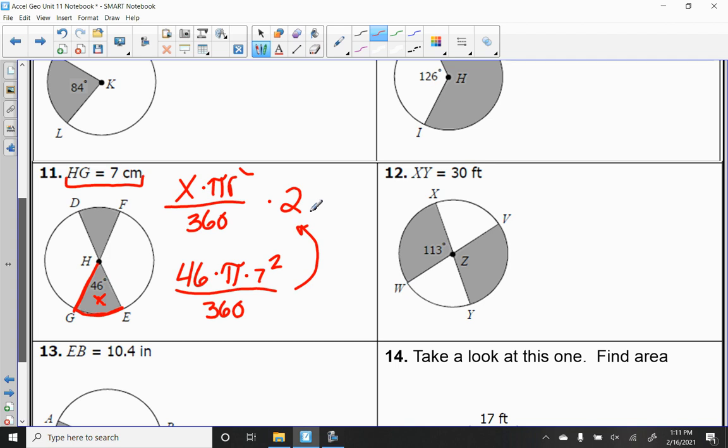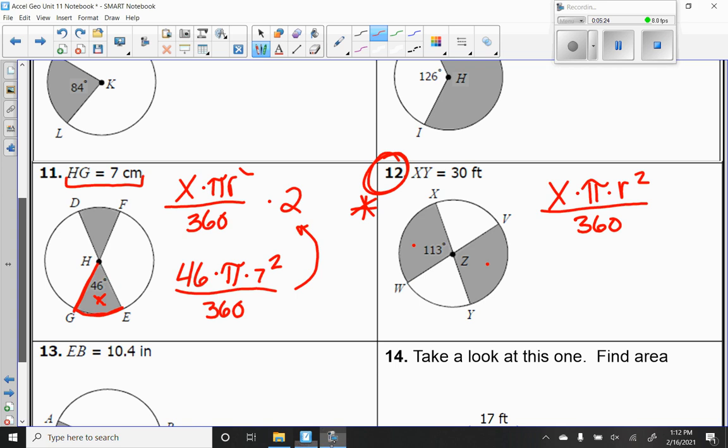So number 12, the reason why I want to circle number 12 or star number 12 is because this is the first time that they give us a diameter and not a radius. So I am going to do the same exact idea that I did mathematically for the previous one, and that is these two pizza slices are equal. So if I do my formula for one slice, I can just double it by multiplying it by 2. So here's what we have to be careful of.